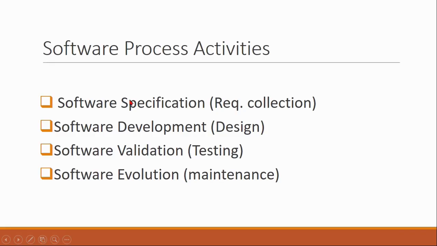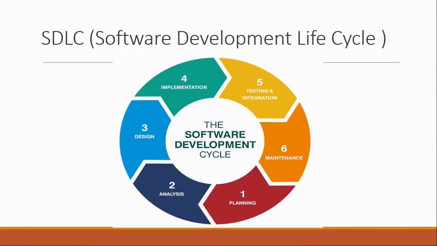After deployment of our product to the customer, or into the market, on the basis of customer feedback, or if there are some changes or updates, that time we have this maintenance part. This diagram shows the SDLC phases.